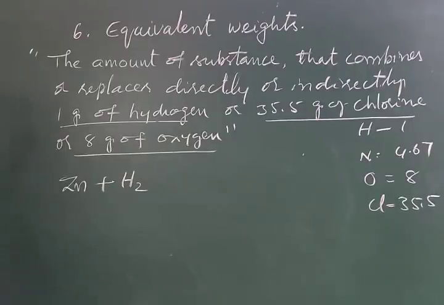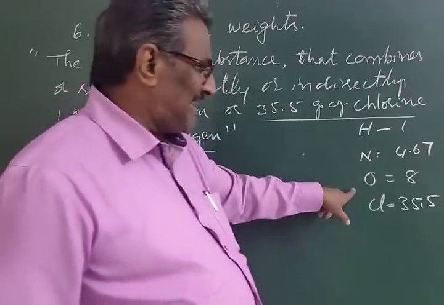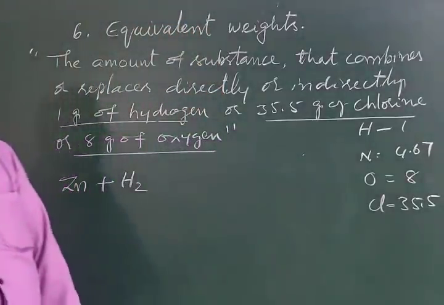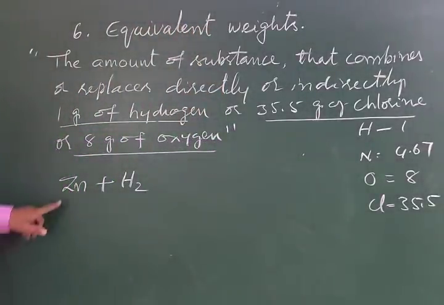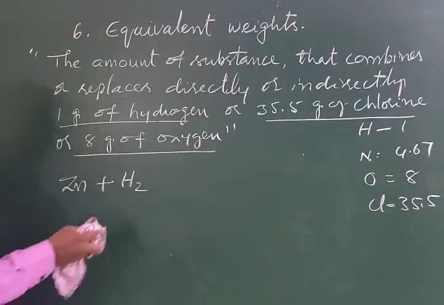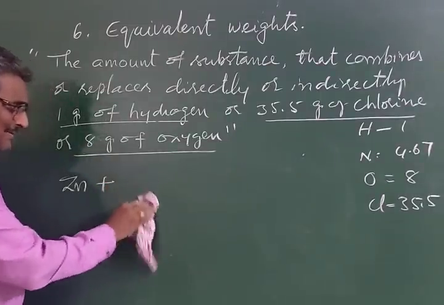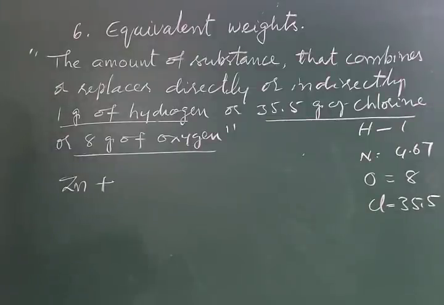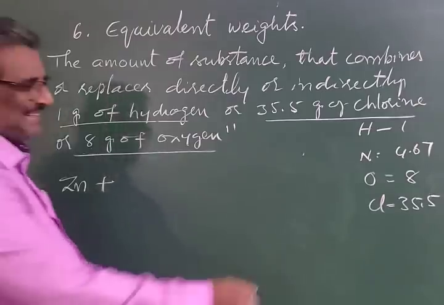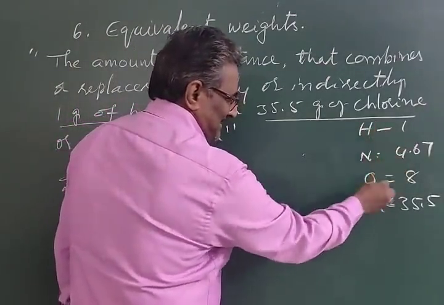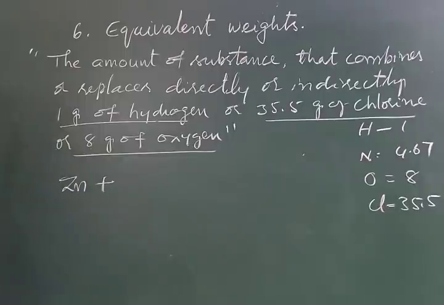In the examples we discussed so far, all the elements react with hydrogen to give their products. But zinc does not. So how do we define the equivalent weight for such elements or substances? For such substances, we define the equivalent weight by comparing with the equivalents of hydrogen, that is, either oxygen or chlorine.